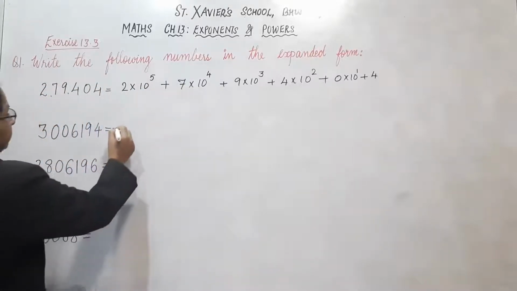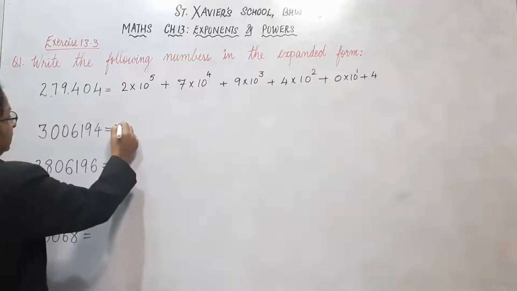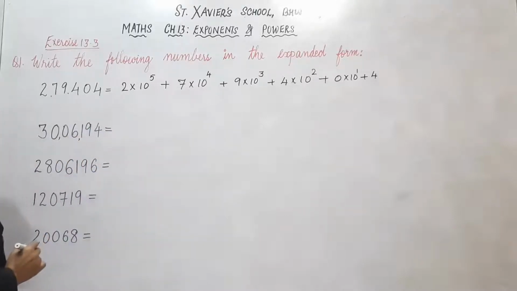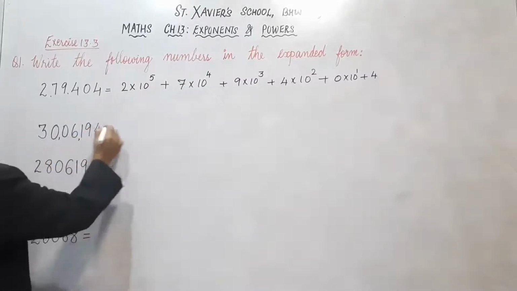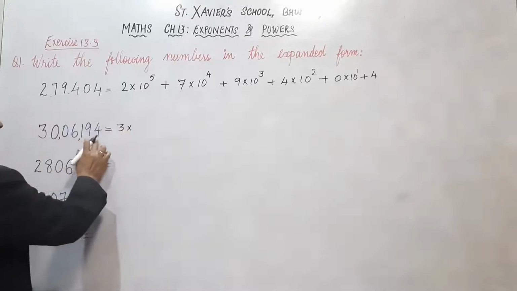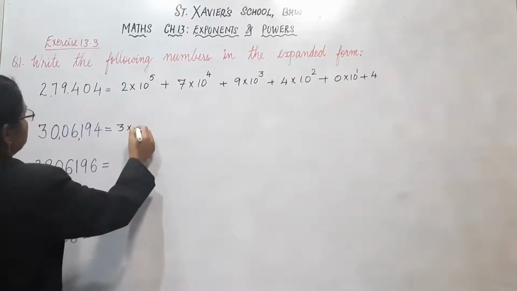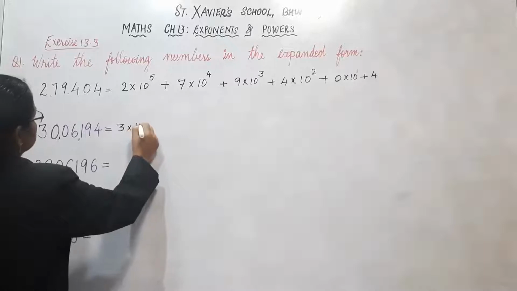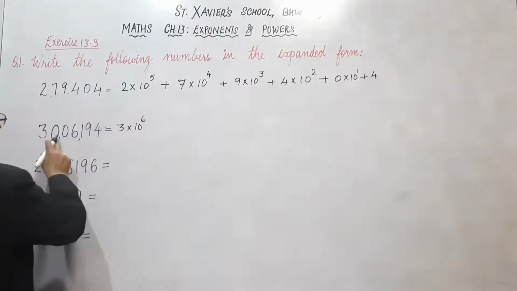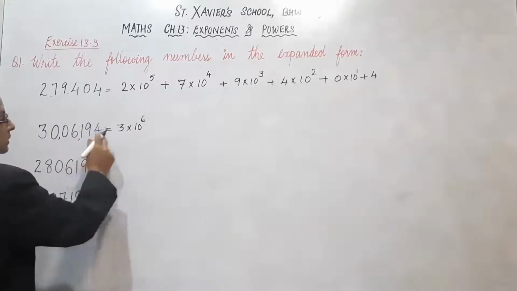Second number, you can start saying the answer along with me. Total how many digits are there? 7 digits are there. So you will write 3 into, this is 30,06,194. So 3 into 10 raised to 6. 1, 2, 3, 4, 5, 6.